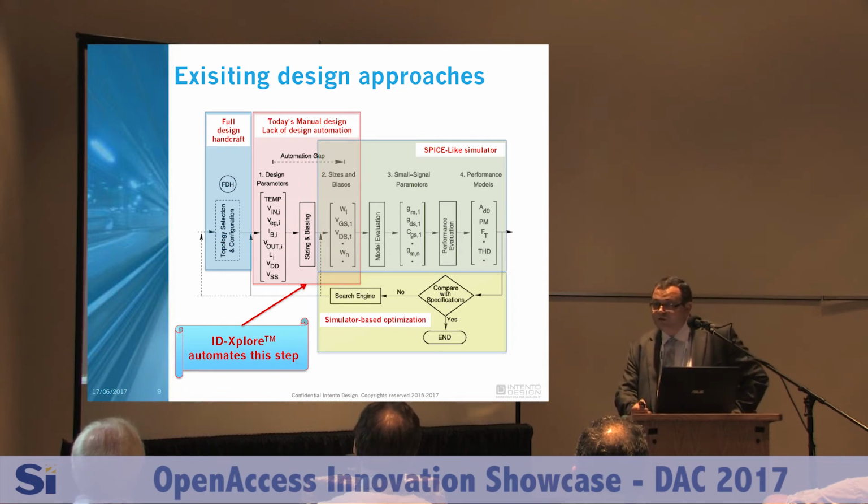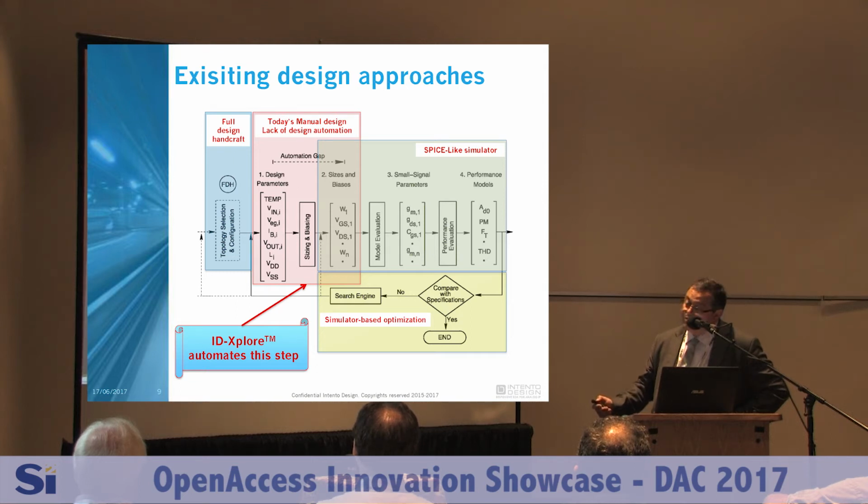Because most of the time these vectors push the optimizer into non-feasible regions. But the designer does something else. He doesn't use this vector. He uses this vector, which is the design parameter set. They are more intuitive for him. So we can say that there is an automation gap here. This step was never so automated before in analog synthesis, and this is the main cause of failure for this domain, actually.